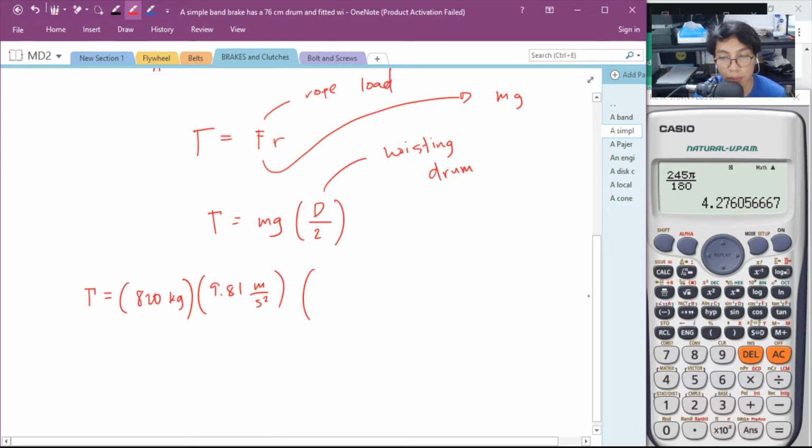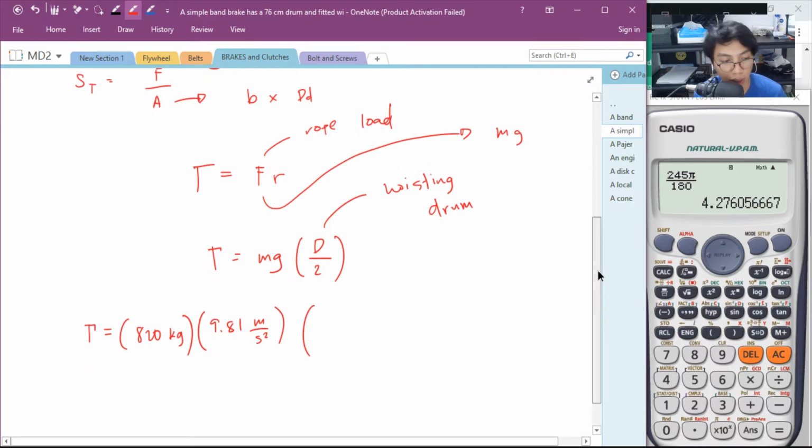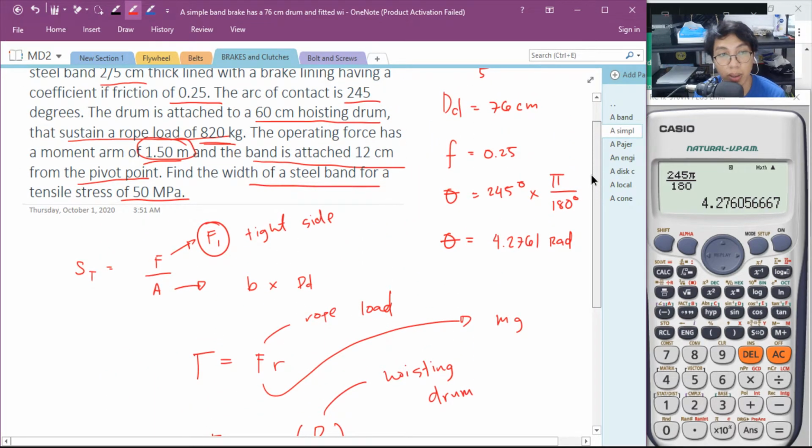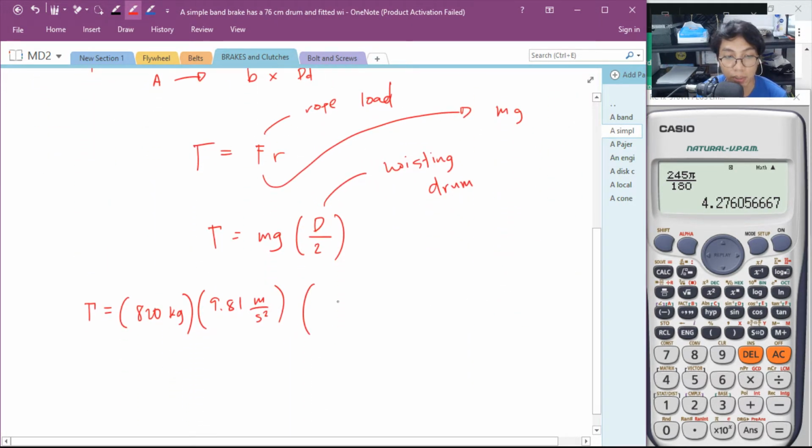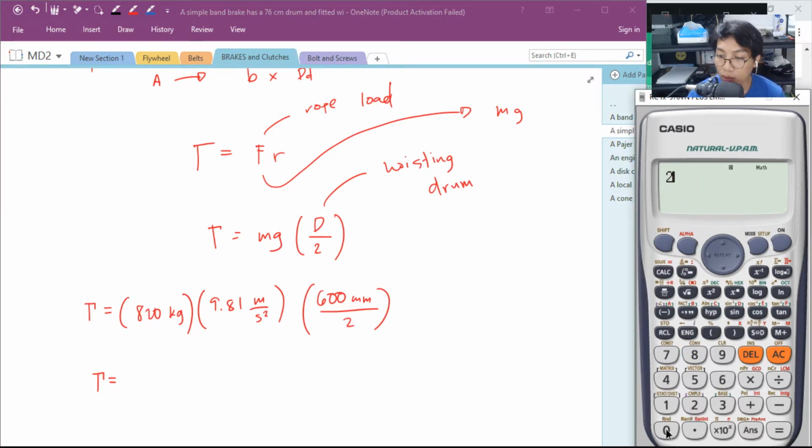Tapos, multiply mo to D. Kailangan to naka Newton millimeter. Eh, naka cm yan. O, di multiply mo na lang 10, 600 millimeter divided by 2. Kasi diameter, R yung kailangan mo. So, the torque there will be 820 times 9.81. Dapat 9.8066.